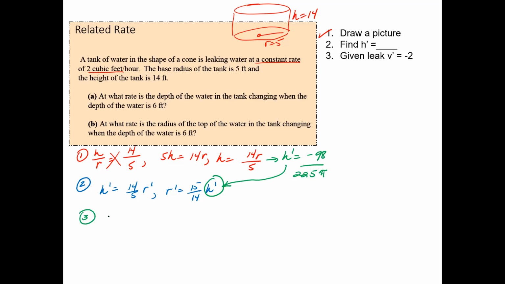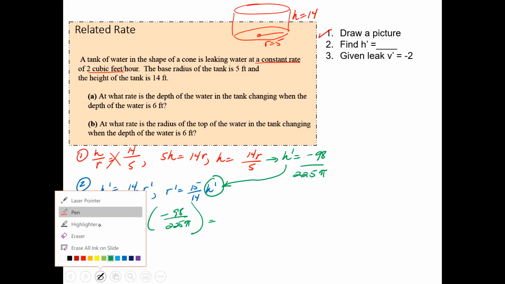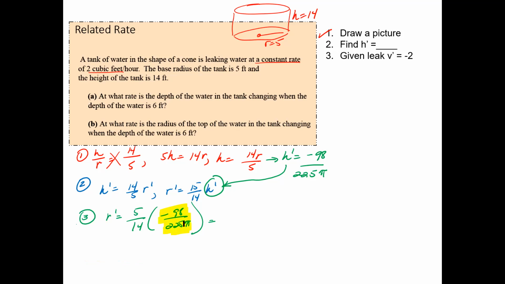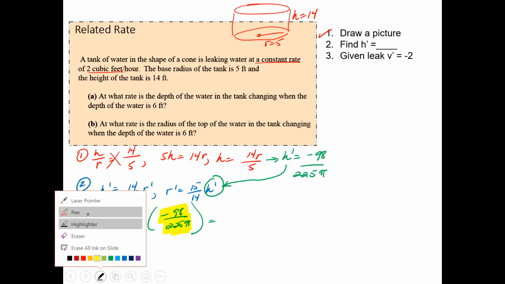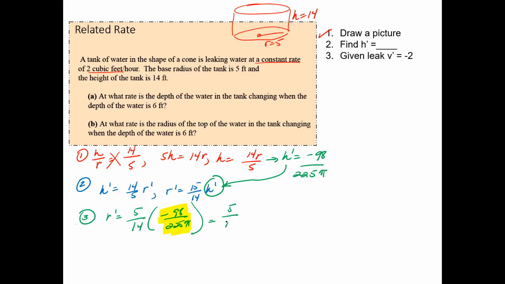At this point, you're going to get R prime is equal to 5 over 14 times H prime, which is negative 98 over 225 pi. If I algebraically solve this, or just take this part and put it into a calculator to get a decimal, it's going to give me 5 over 14 times negative 0.1386.